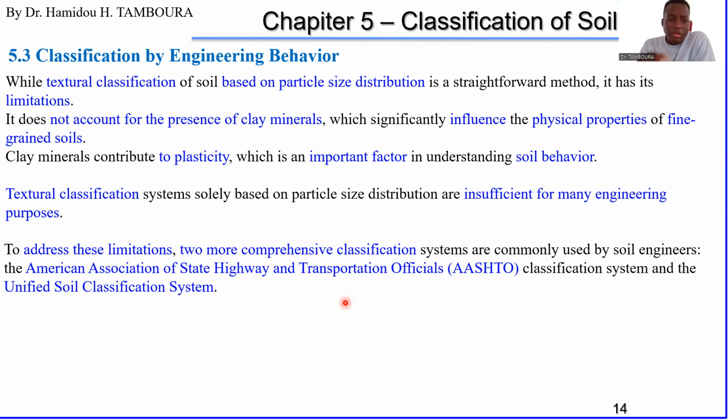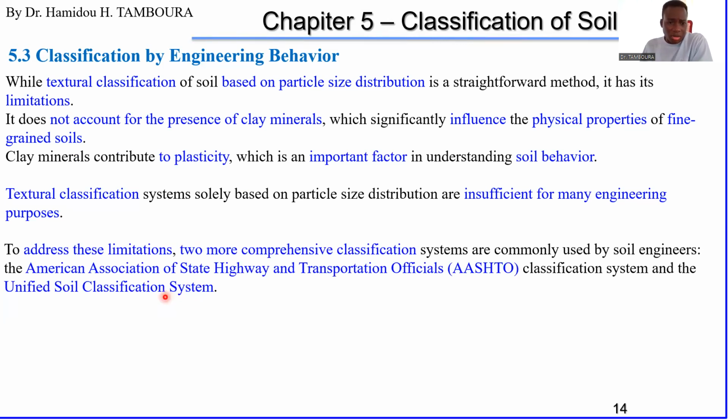Okay, so we have the American Association of State Highway and Transportation Officials, this one, AASHTO, and also the Unified Soil Classification System. These two will be discussed in this chapter 5.